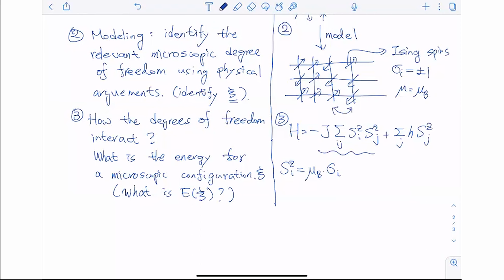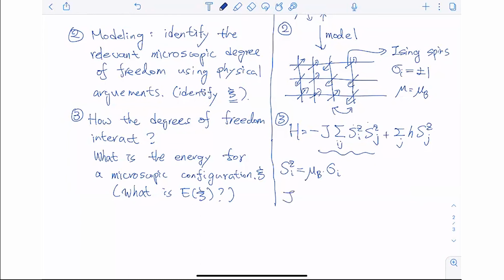When J is greater than 0, which means that the two spins prefer to align with each other to minimize the energy. On the other hand, when J is negative, the two spins want to arrange themselves as anti-alignment in order to minimize the energy.